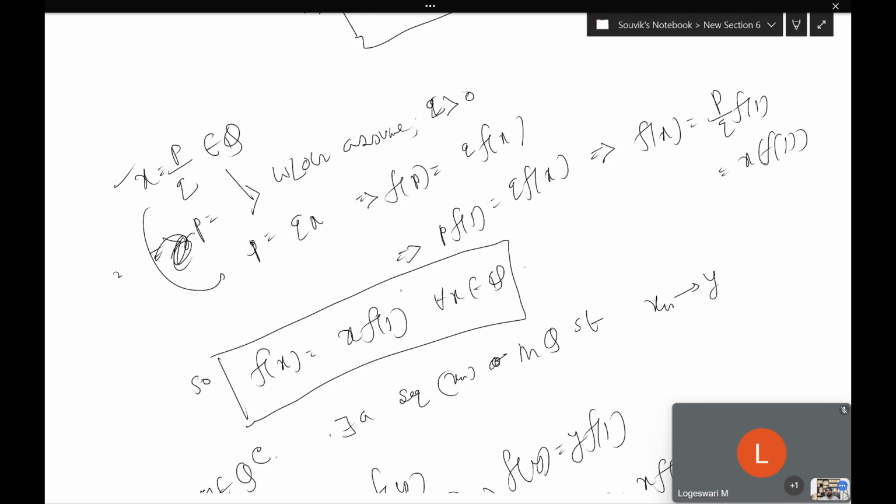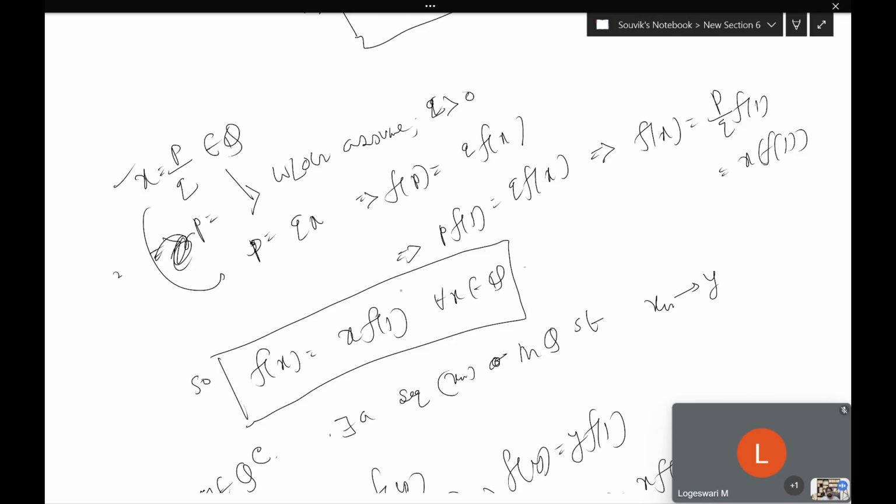So p is equal to qx, and f(p) is equal to q f(x). So f(p) is equal to p f(1), which is equal to q f(x). This implies f(x) is equal to p by q times f(1).